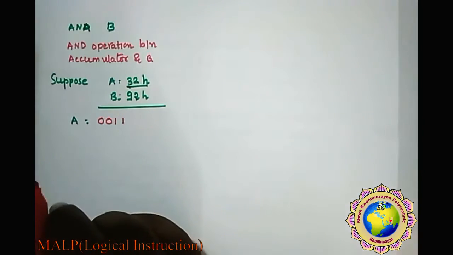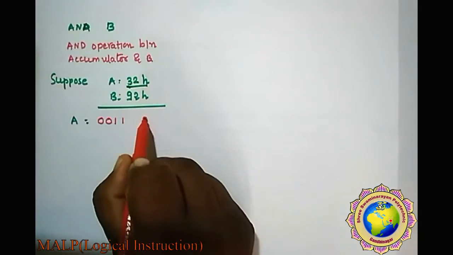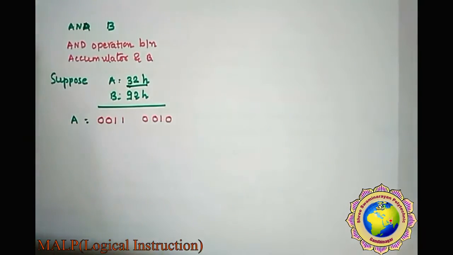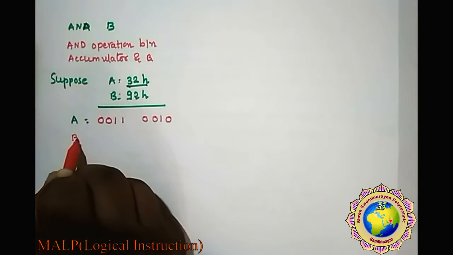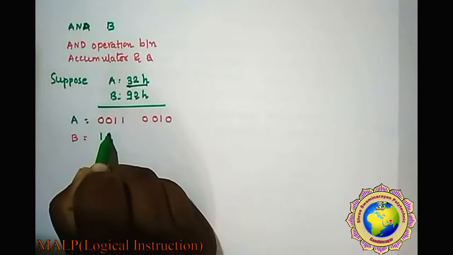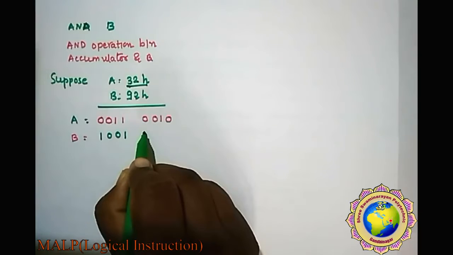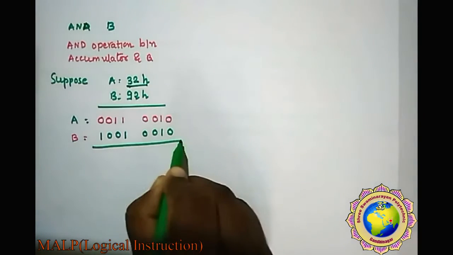This you have to remember from the first semester. What is the binary of 2? It's 0 0 1 0. Okay, now what is B? B is 92H. What is the binary of 9? It's 1 0 0 1. What is the binary of 2? It's 0 0 1 0. Now perform the AND operation.